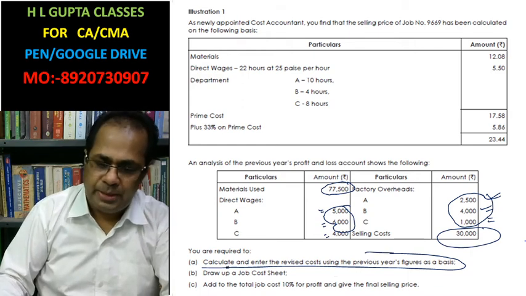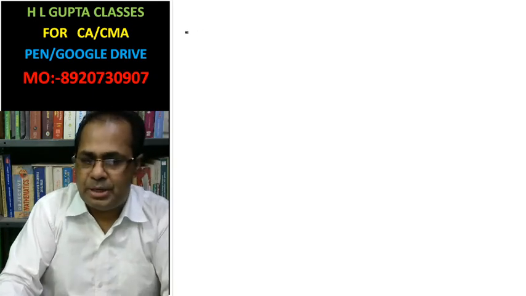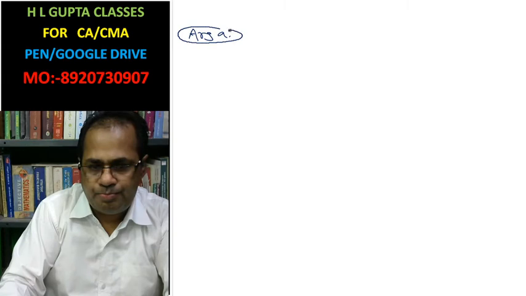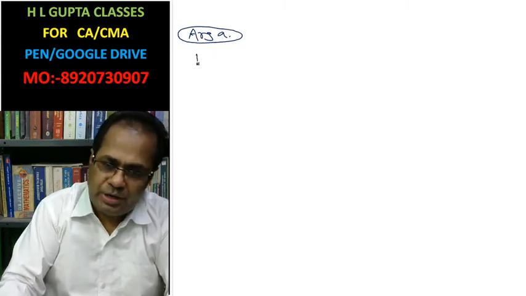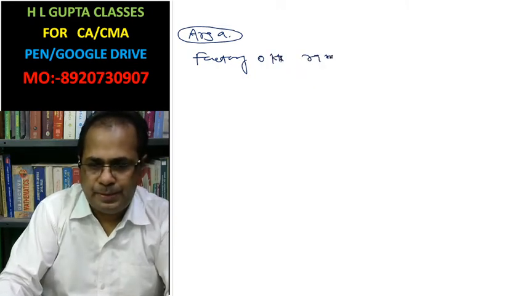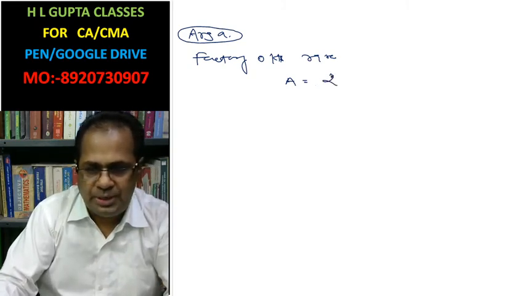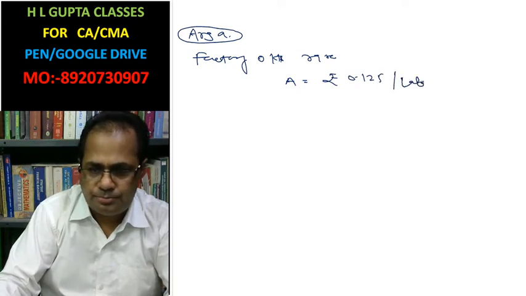Then the first part is the answer of A part. Factory overhead rate for A: rupees 0.125 per labor hour.